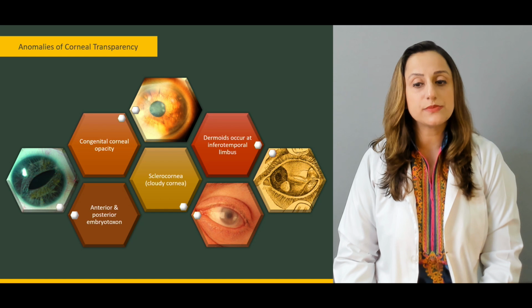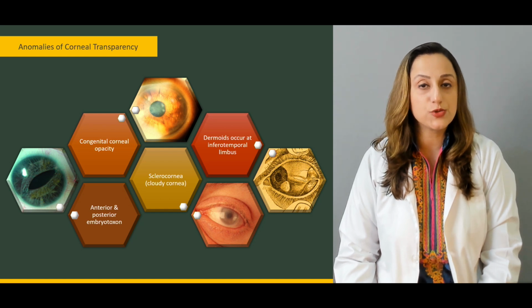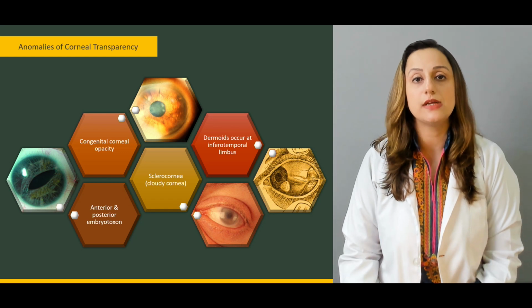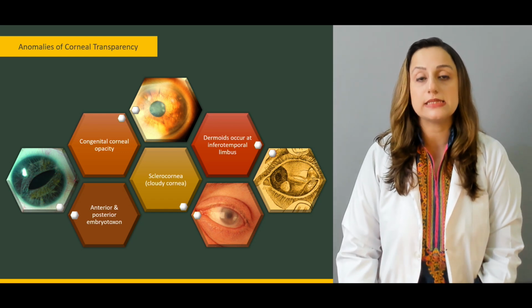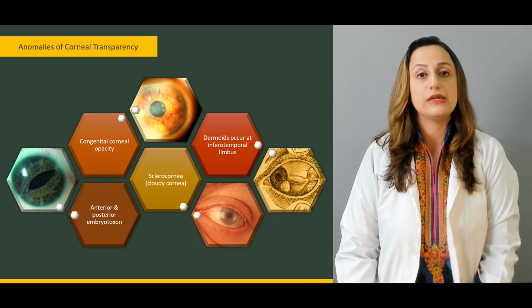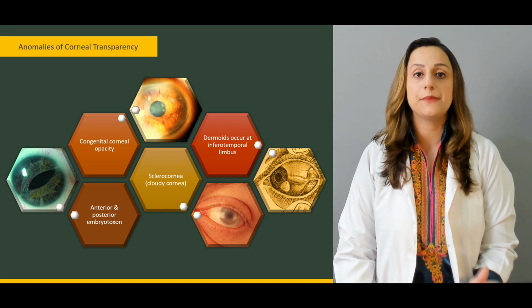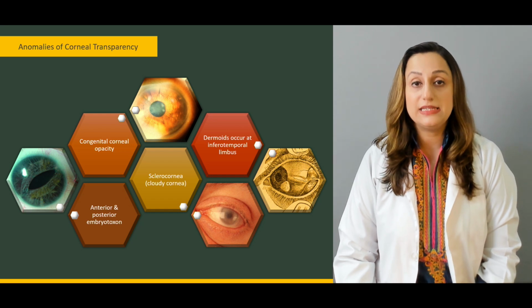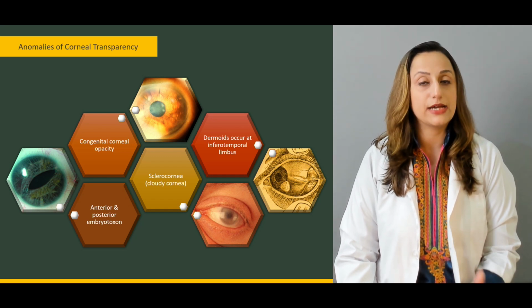The dermoids sometimes occur at the inferotemporal limbus. So this is the most important location of the dermoid. We usually find these dermoids at the infero as well as the temporal side of the cornea. So it's not located medially, rather it is located laterally.